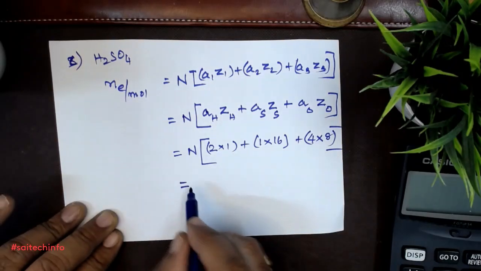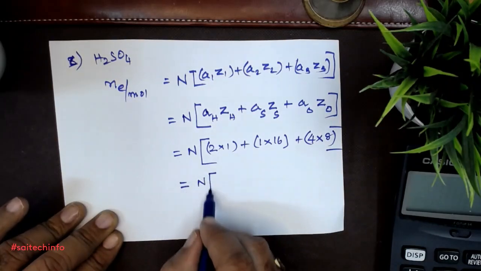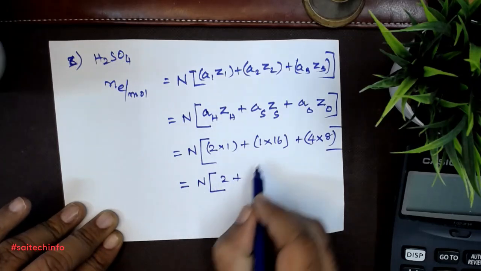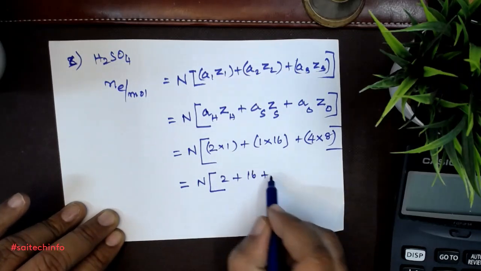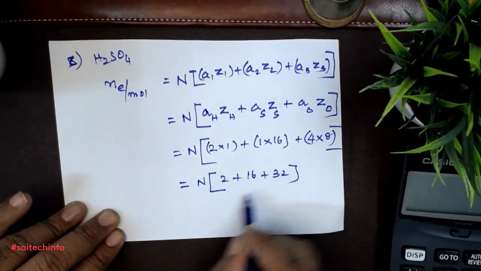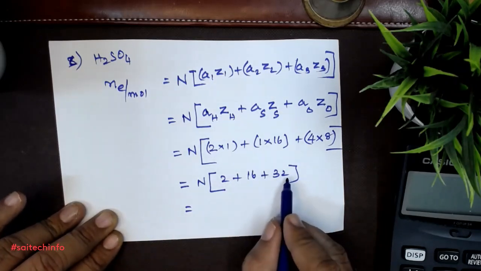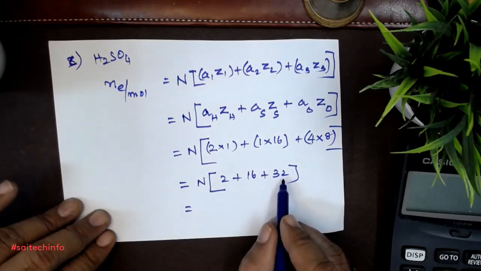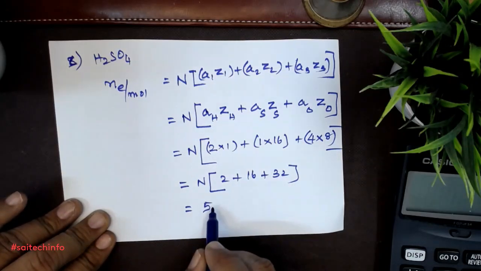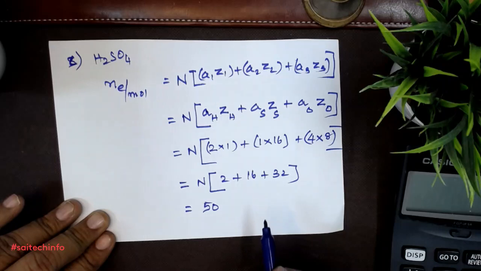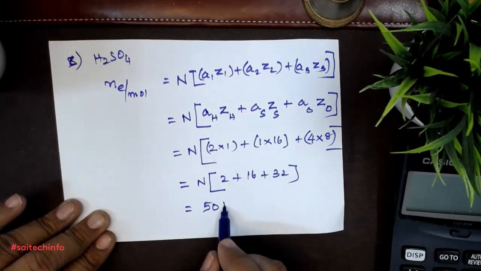Now N into 2 plus 16 plus 32. So that is 18 plus 2, 20 plus 30, 50. Am I right? 50 into Avogadro's number.